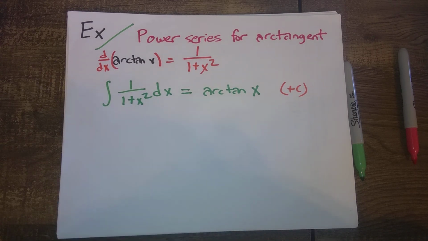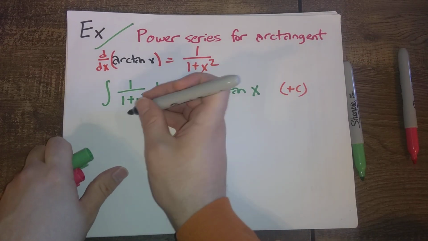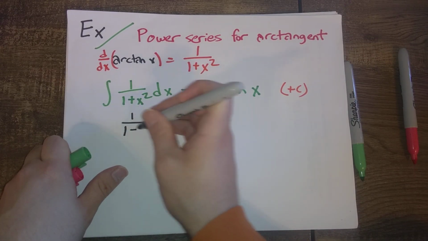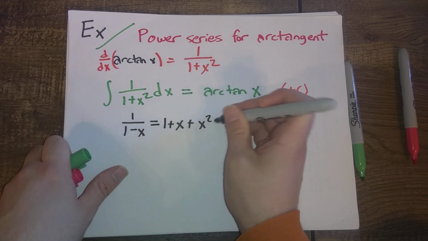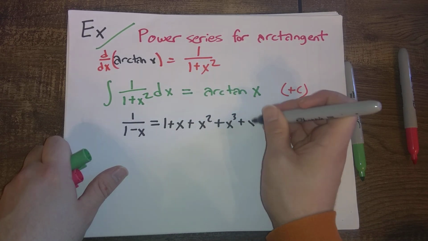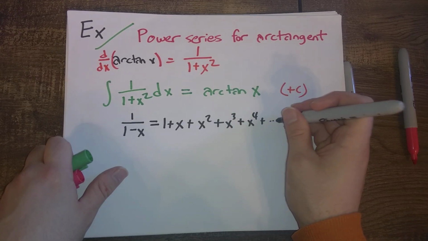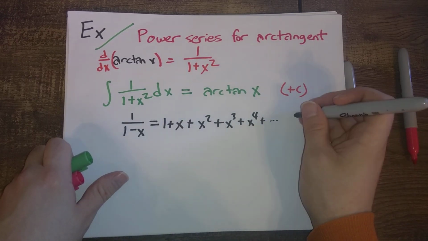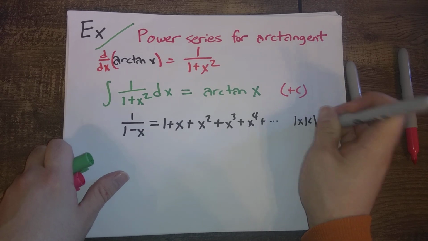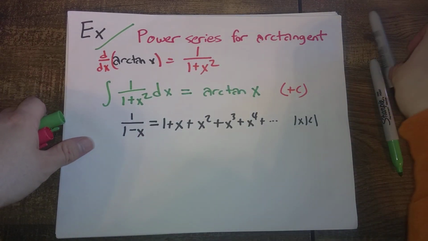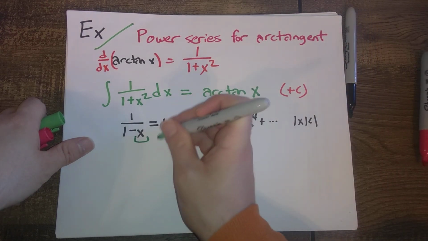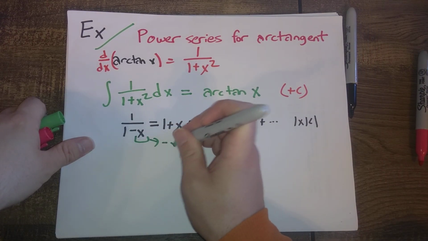Okay, so let's crunch this out. We want to replace 1 over 1 plus x squared with its power series. Now we know that 1 over 1 minus x, we've seen this before. Here's the series for 1 over 1 minus x. It's valid for absolute value of x less than 1. So how do we go from this to 1 over 1 plus x squared? Let's replace x with minus x squared.